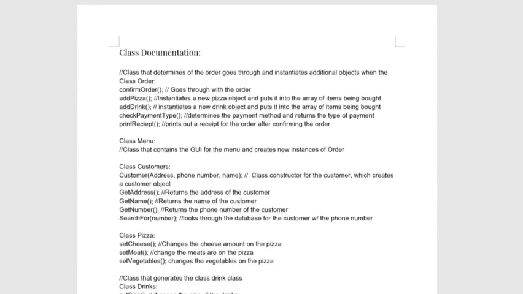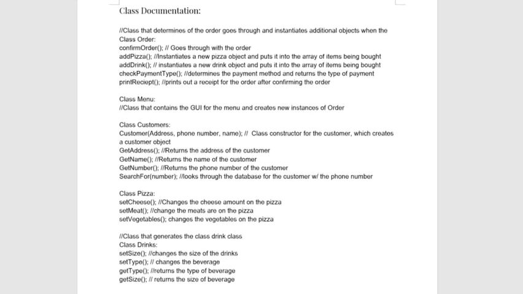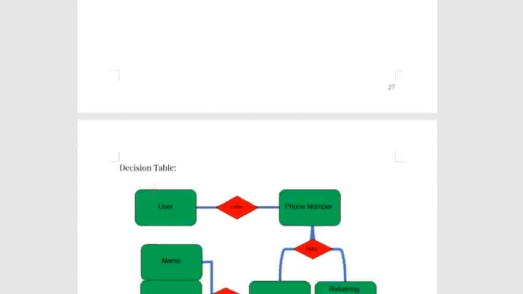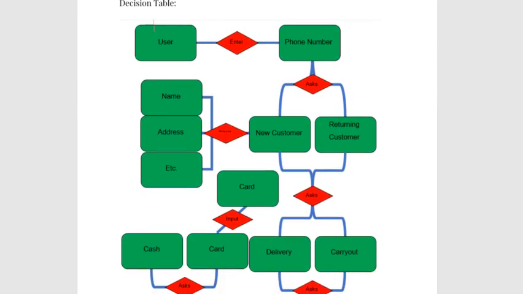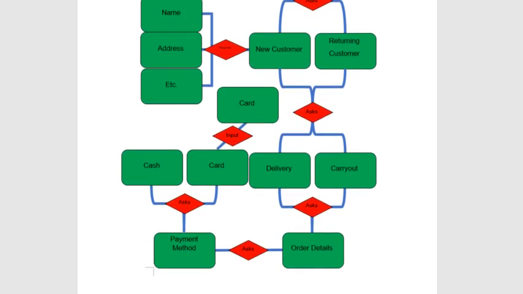This is just the detailed information on what each of the methods do, as well as what each variable of the classes do. As for the decision tables, it is essentially the same information as explained earlier in this presentation.